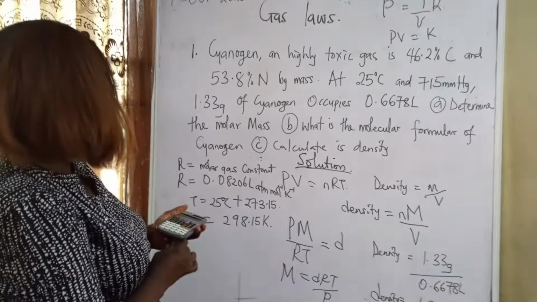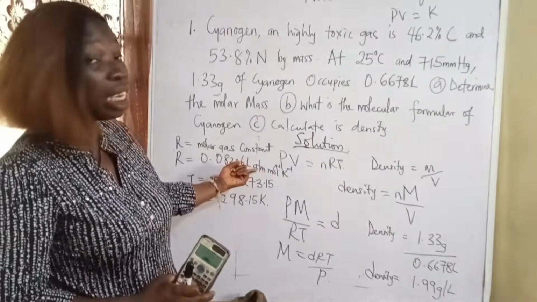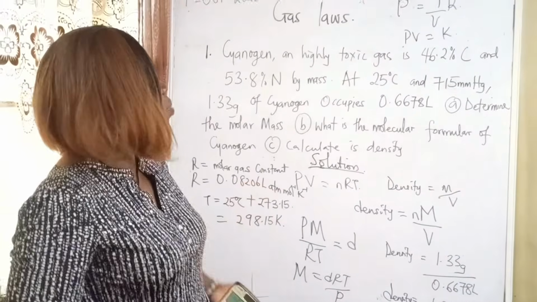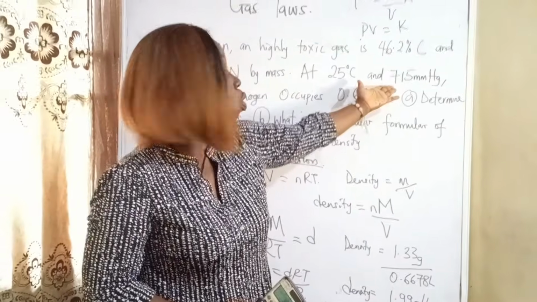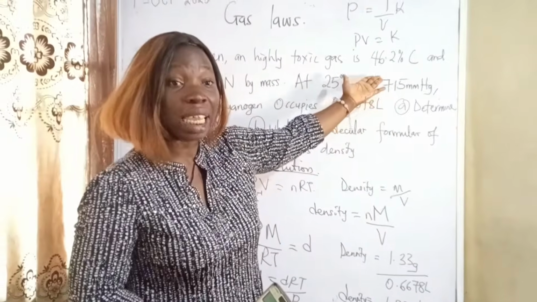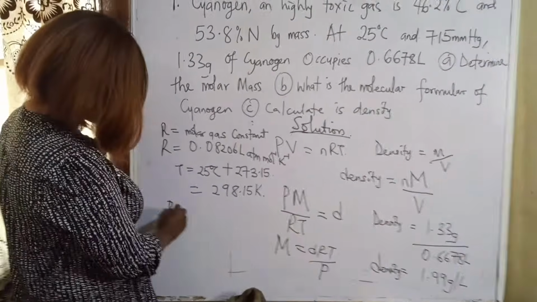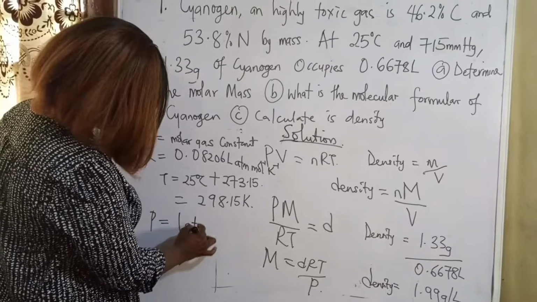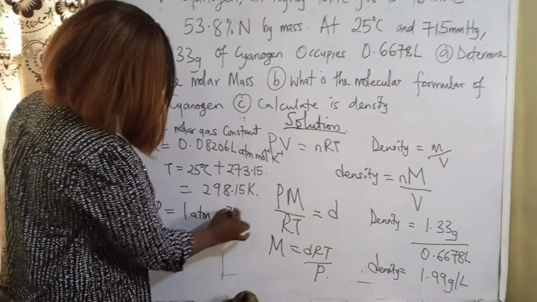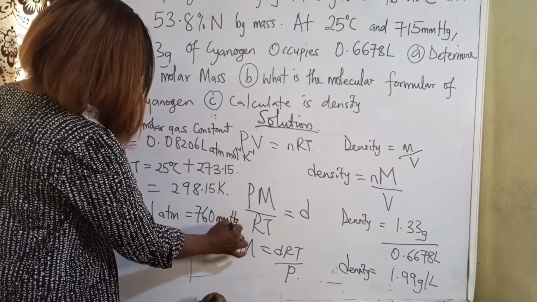Then you will also notice that your R value for pressure is measured in atm, meaning that the pressure given to us, which is in millimeter mercury, will also be converted to what? atm. And we said 1 atm is equal to 760 millimeter what? Mercury.